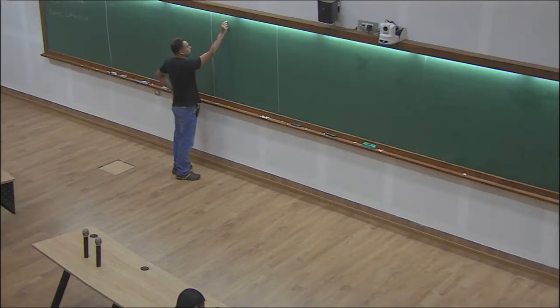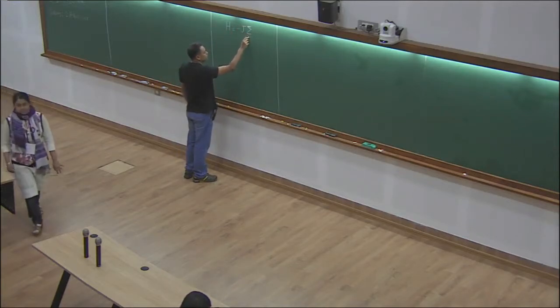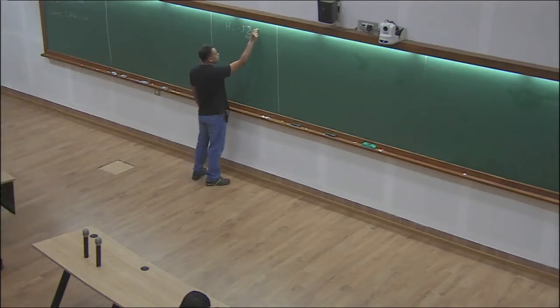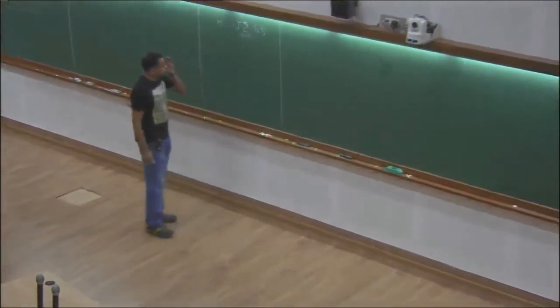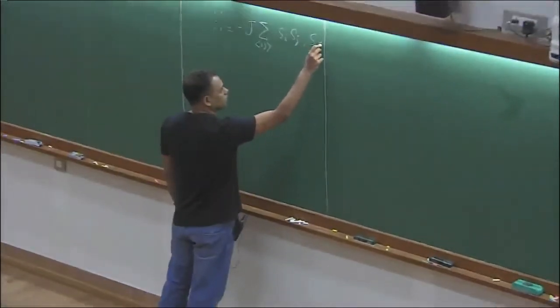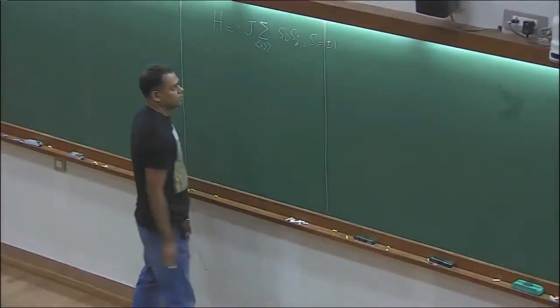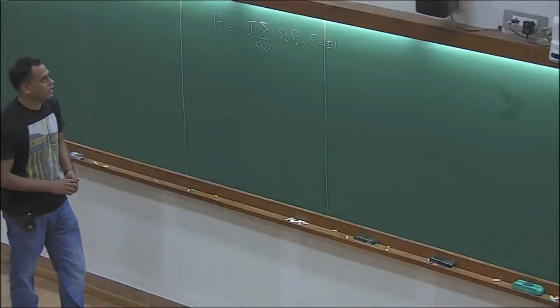So let's start with the Hamiltonian once more. Your spins take value plus minus 1. So I'll just write down the high temperature expansion which we derived last time.